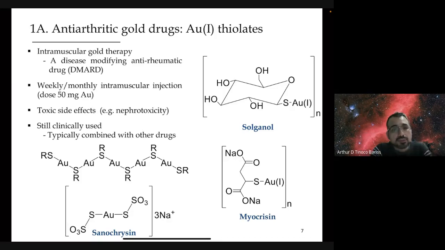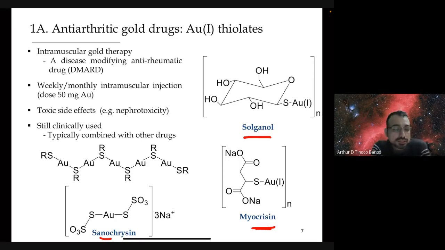In terms of administration, these were weekly or monthly intramuscular injections, with dosages of about 50 milligrams of gold. Here you have some compounds. We've already seen 2 of these. This is another one that was examined for anti-arthritic applications.